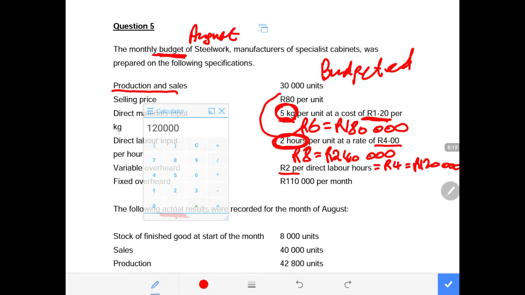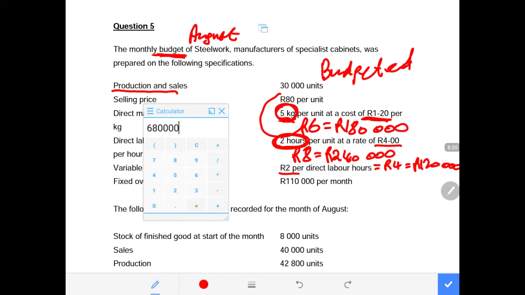That means our total cost to manufacture 30,000 units is budgeted at 120,000 plus 110,000, which is the fixed cost, plus 240,000 rands, plus 180,000 rands.